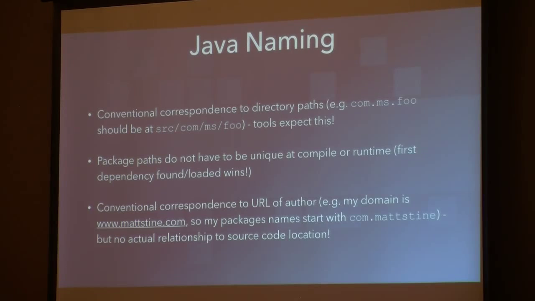At runtime, we know that whoever gets loaded first wins. So as an exercise, take your biggest application that you're working on and go look at all the jars in the class path and see how many of them are duplicates that you didn't know about. And then you realize, oh, my code actually works by coincidence.